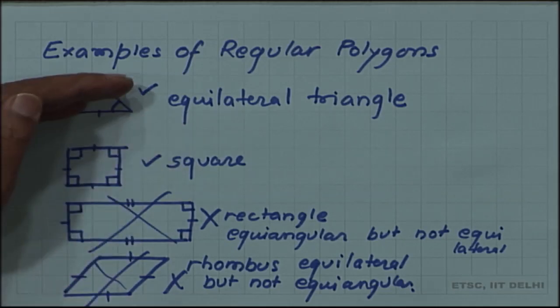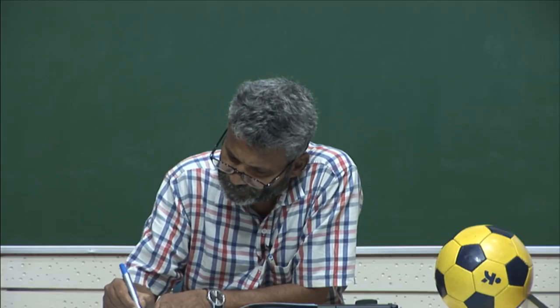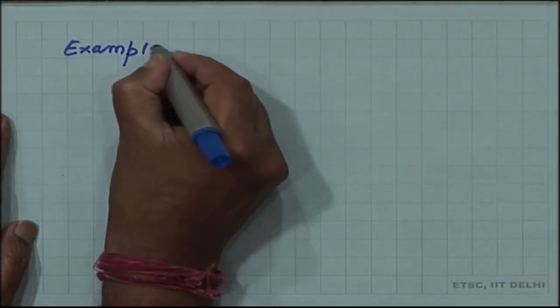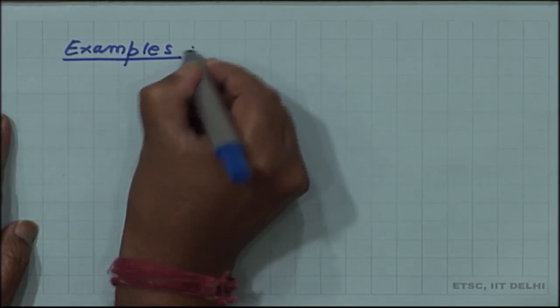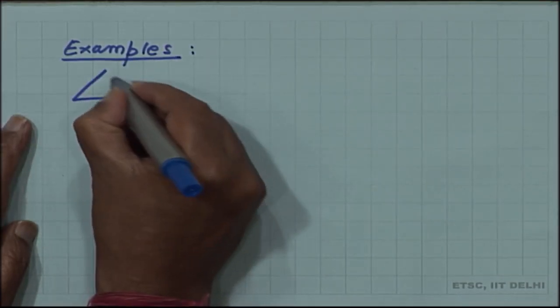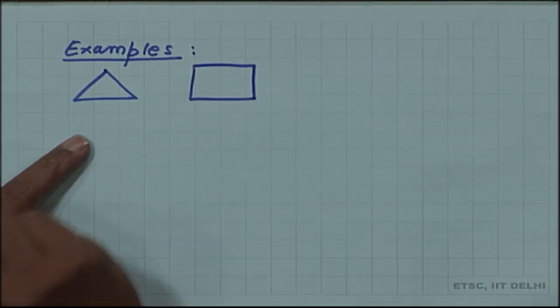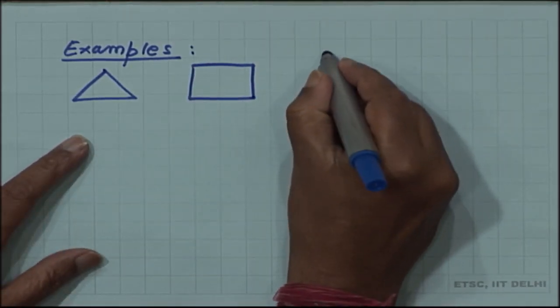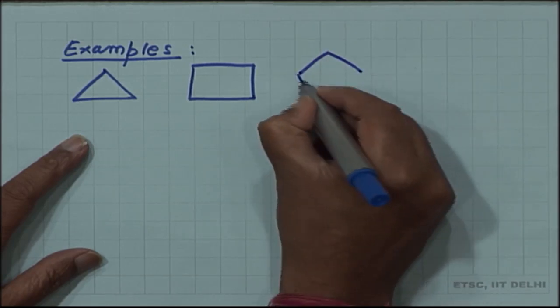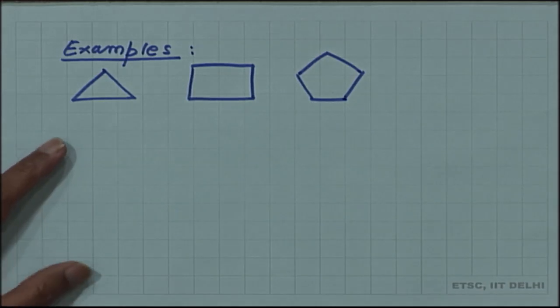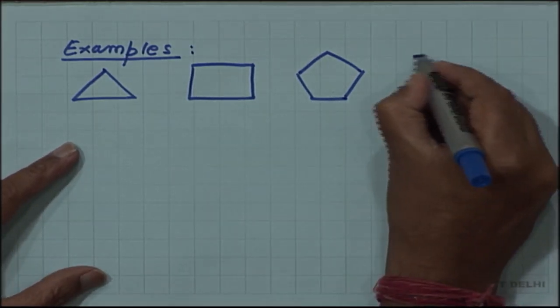So, equilateral triangle, square. What are the other examples? Regular pentagon, equilateral and equiangular, a regular hexagon.